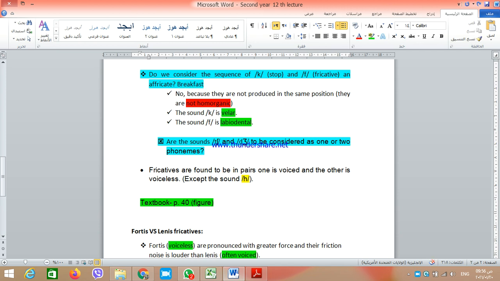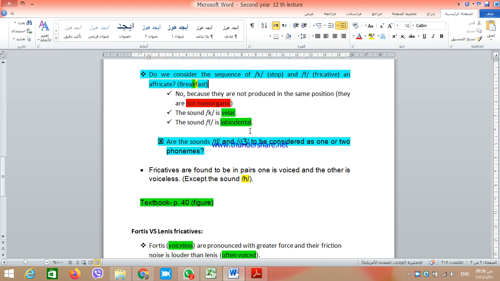In the word breakfast we have k, that is a stop sound, and f, that is a fricative sound. So we have this sequence of stop plus fricative. Can we make an affricate out of this?